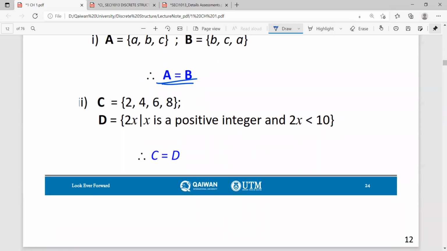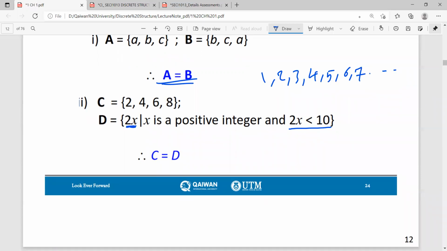C and D. C is the set of 2, 4, 6, and 8. And D is the set of 2x, where x is a positive integer and 2x is less than 10. Let's write down the positive integers: 1, 2, 3, 4, 5, 6, 7, and so on.